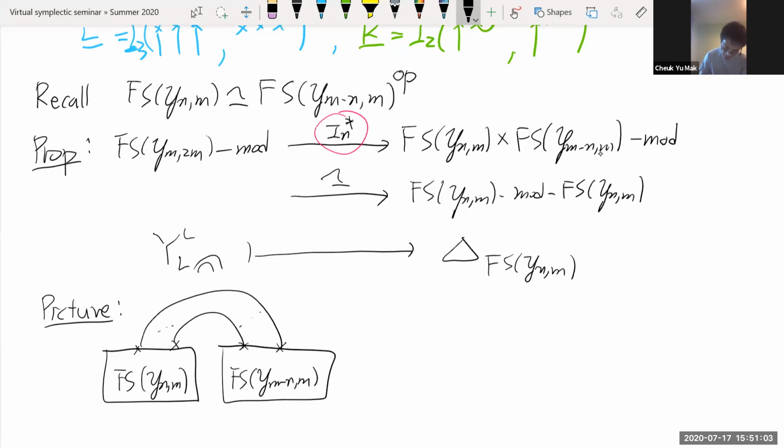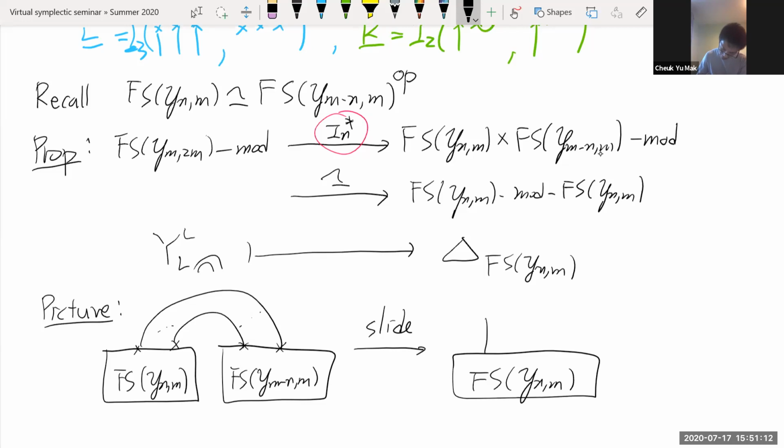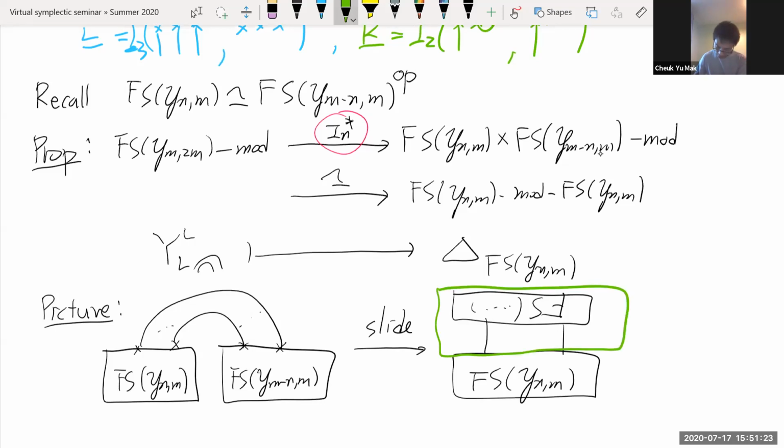And I claim that you can slide it. After sliding, it will become upside down. And then I claim that this whole thing is exactly the geometric map relating the two.